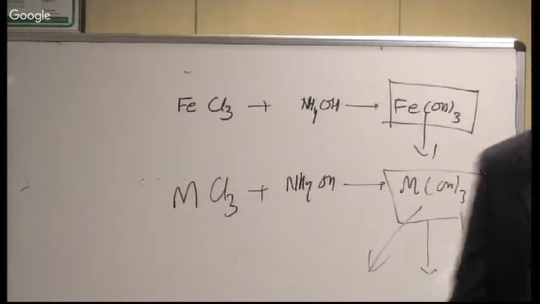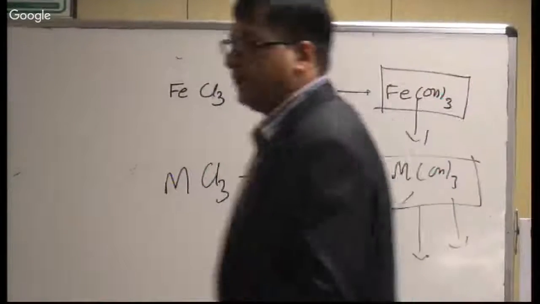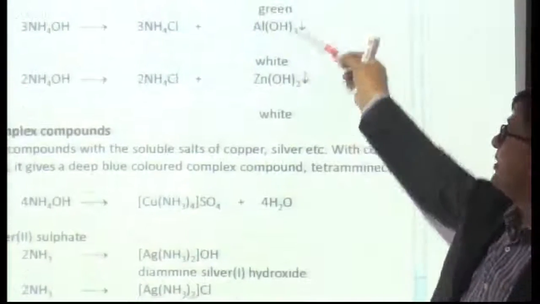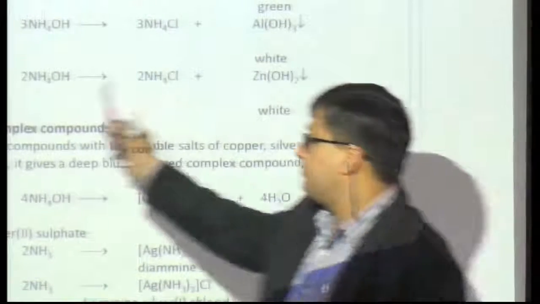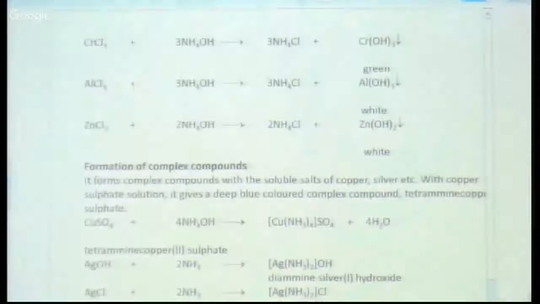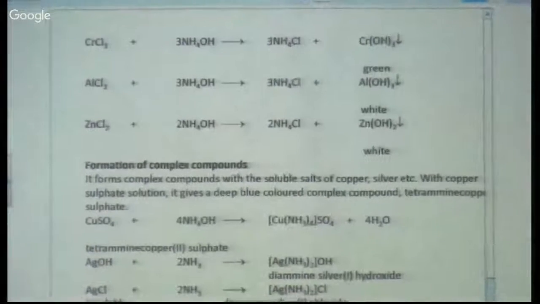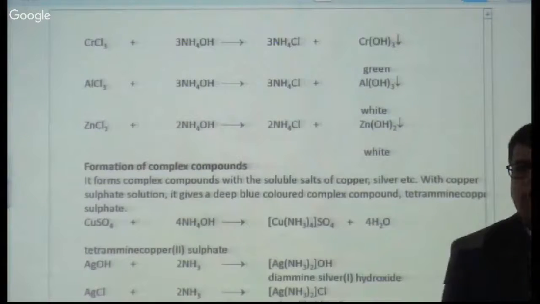And chromium color is green. Aluminium, zinc, both white. Clear? And the reaction mechanism is simple. This is the displacement of chlorine with respect to the hydroxy group, and this can also take place in presence of NaOH in place of NH4OH.